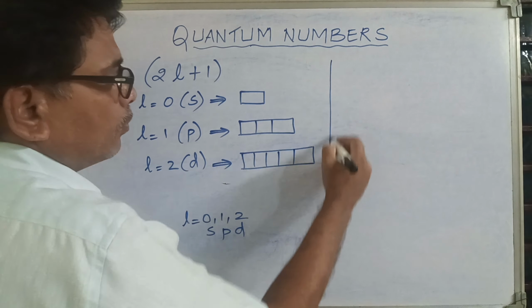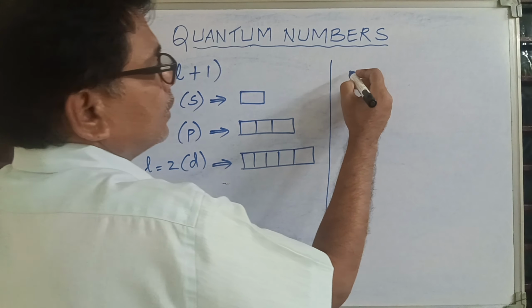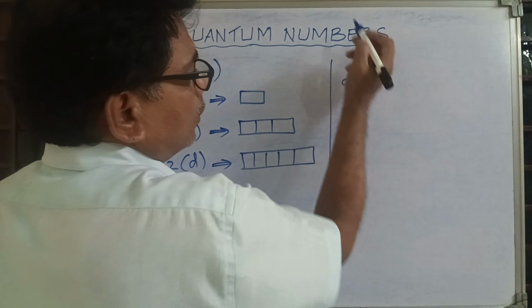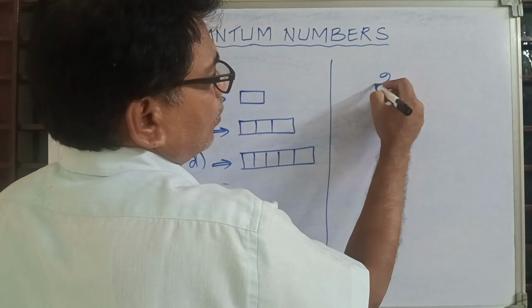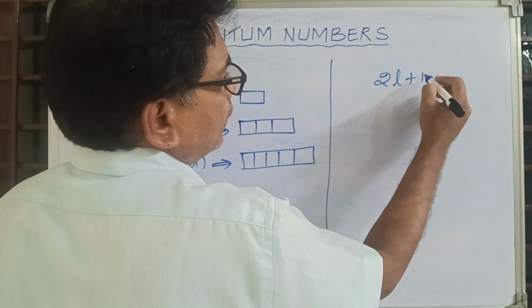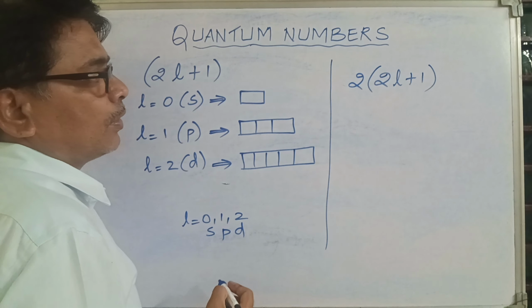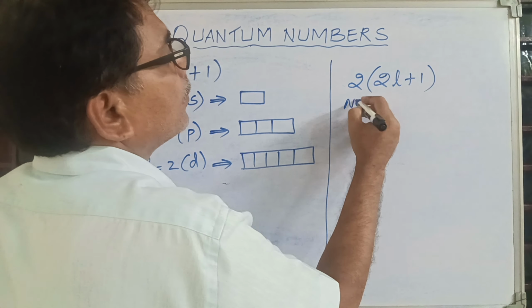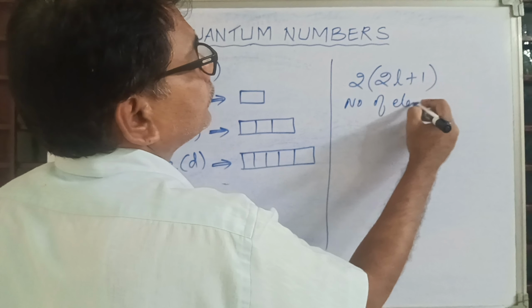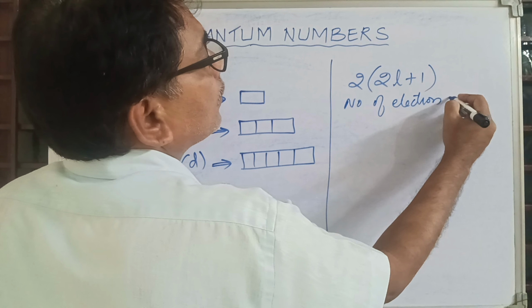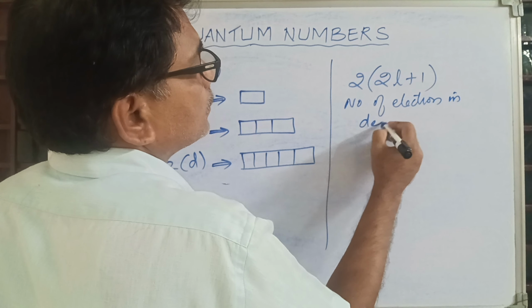Now I want to tell you the number of electrons. Already you got the number of degenerate orbitals formula as 2L plus 1. So if you multiply this with 2, then you will get the number of electrons in degenerate orbitals.